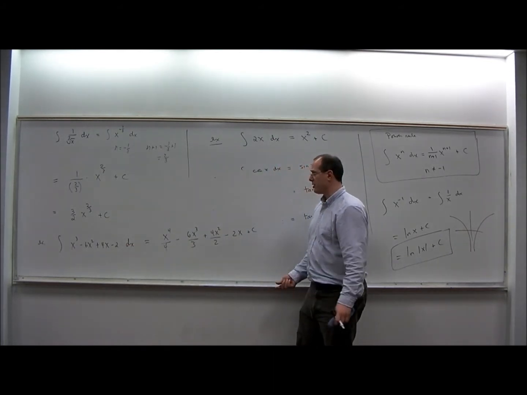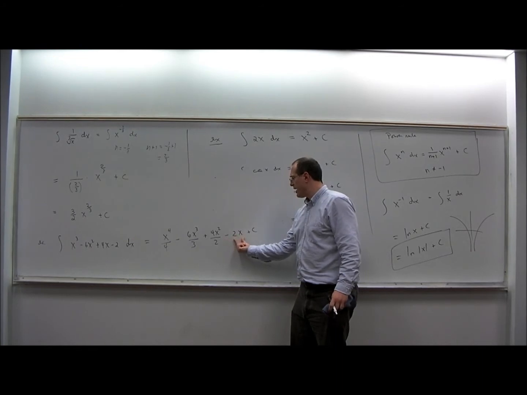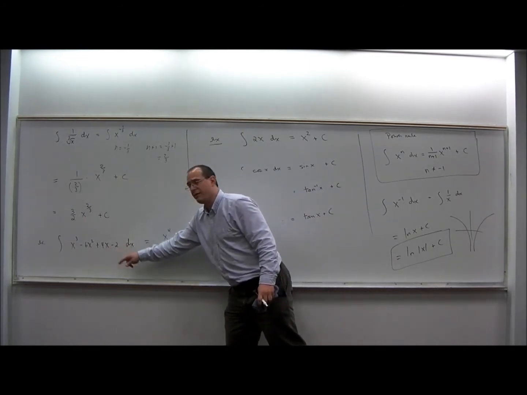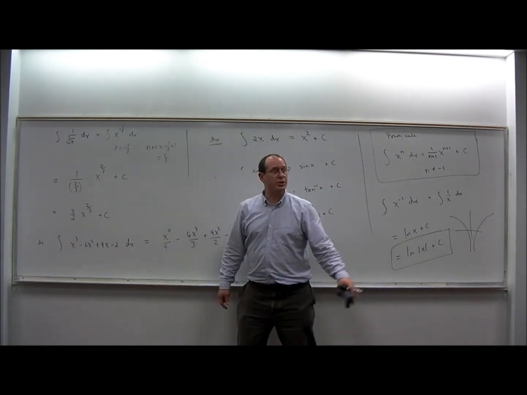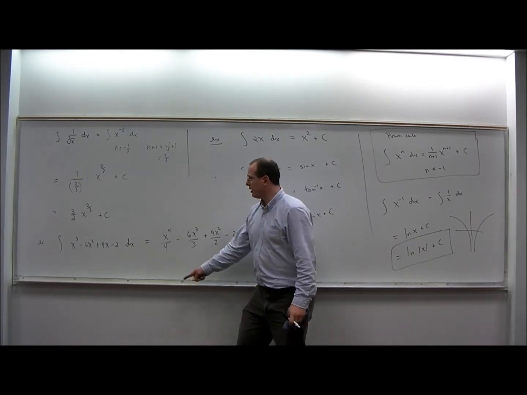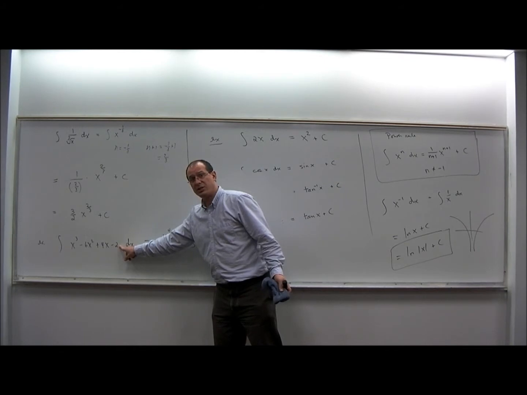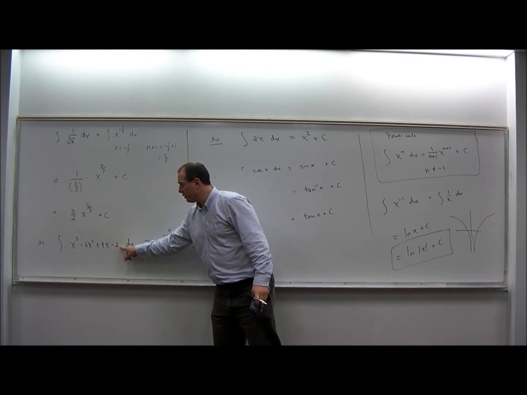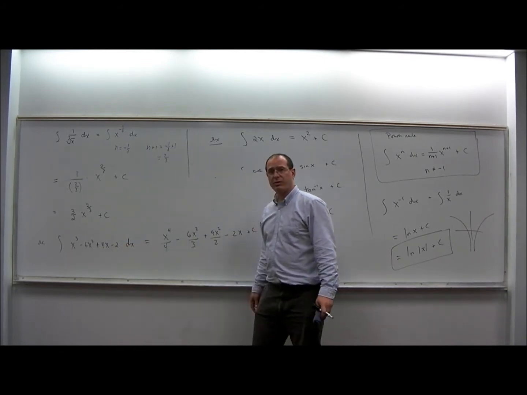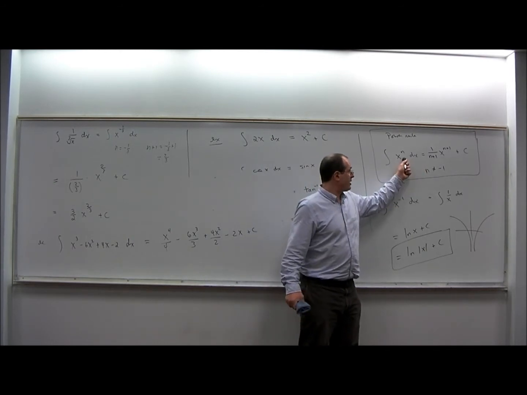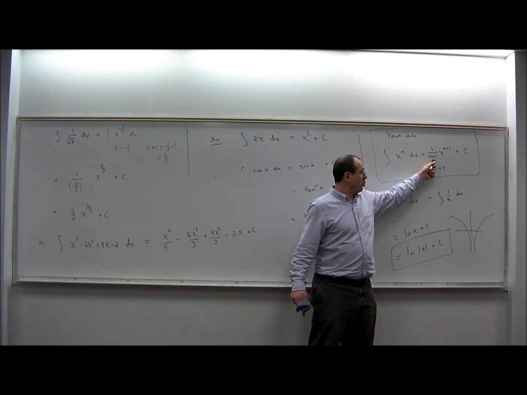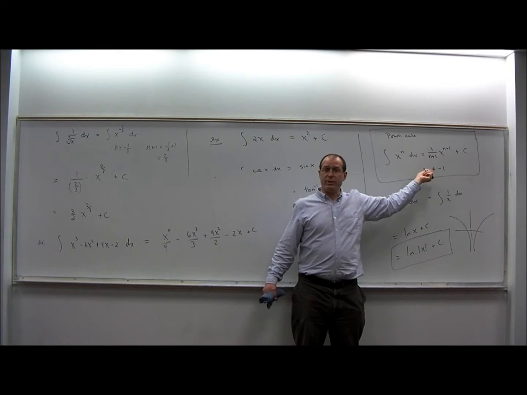That makes sense just intuitively because the derivative of negative 2x here is negative 2. And also we could use this power rule thinking of this as being negative 2x to the 0, x to the 0 being 1. So we can pretend there was an x to the 0 there, and then the antiderivative of x to the 0 would be 1 over 1, x to the 1 would be x.